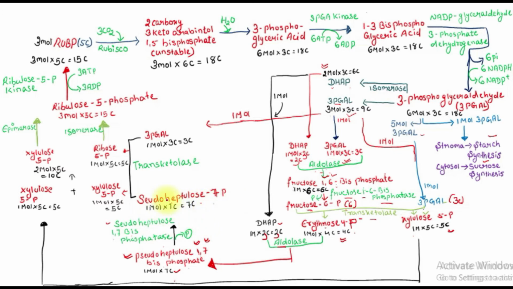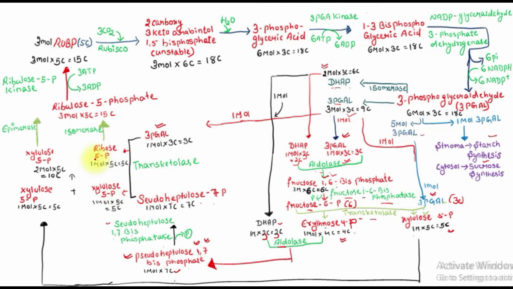Okay. Now we have utilized these 2 DHAP and we have utilized 2 3-PGAL, one in this step and another one in this step. So there is 1 3-PGAL remaining. This 3-PGAL in presence of the enzyme transketolase, by combining with pseudoheptulose, will give ribose 5-phosphate and xylulose 5-phosphate.